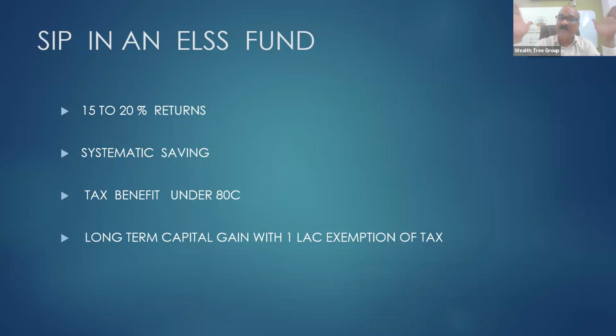Suppose you have up to 1.5 lakhs under 80C. Out of that, say 60,000, you invest in an ELSS fund. Every month you pay 5,000 as an SIP in an ELSS fund.